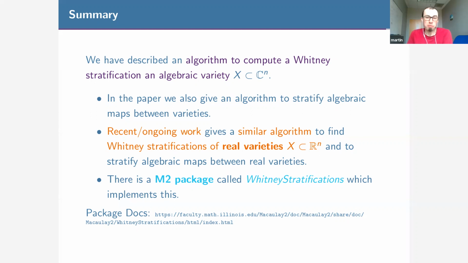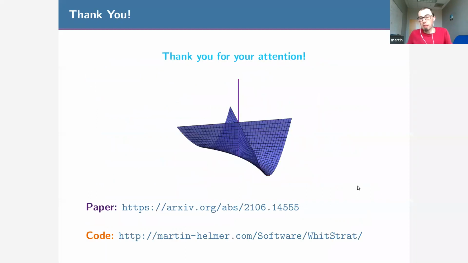So we have a fairly similar algorithm that will do both maps between real varieties and Whitney stratifications of real varieties. And there's a software package for Macaulay2 called WhitneyStratifications that implements the things in the paper. And that's it.